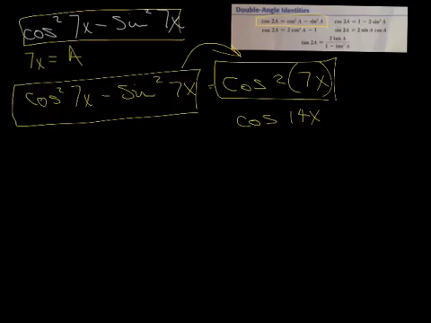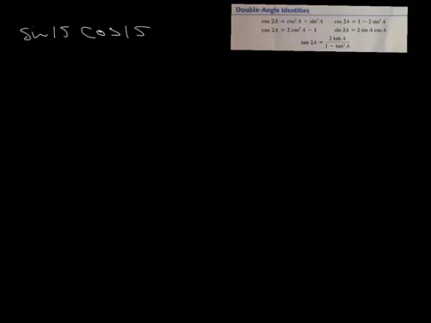Alright, so if we look at sine of 15, cosine of 15. This is part B of example 4, and I'm not going to do it like they do it in the book. I'm going to suggest another way of doing it, and I'm not going to do all the work.